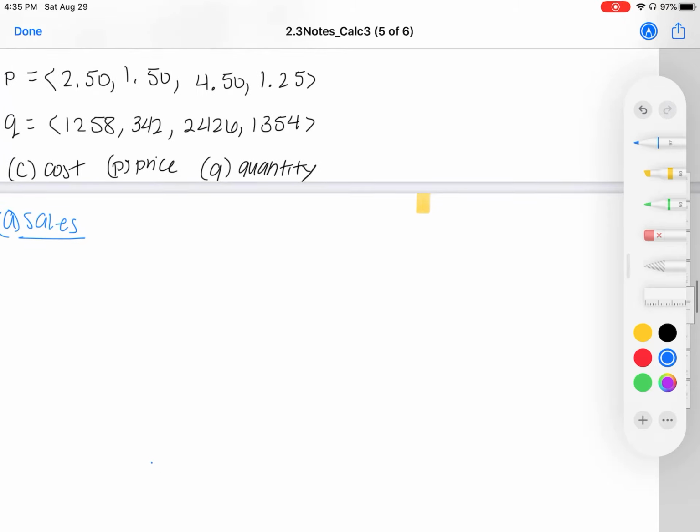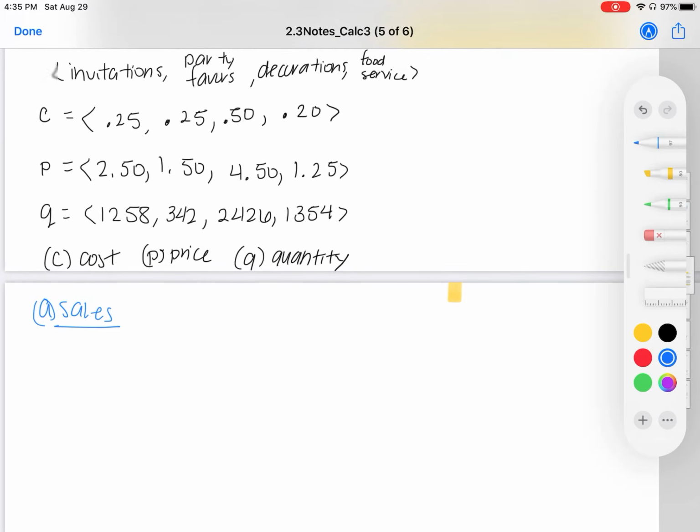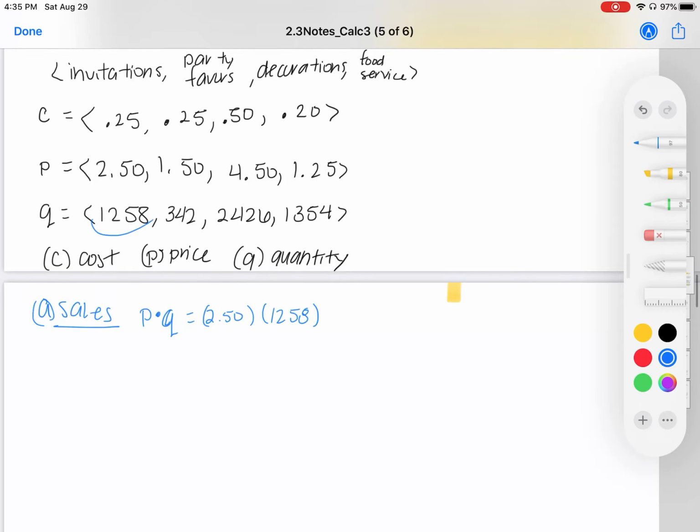To find out how much we have made, we would take our price and our quantity and perform the dot product. So that would be 2.50 times 1,250. And this makes it easy to pair up, right? Because you know exactly where you're going to multiply each one by.